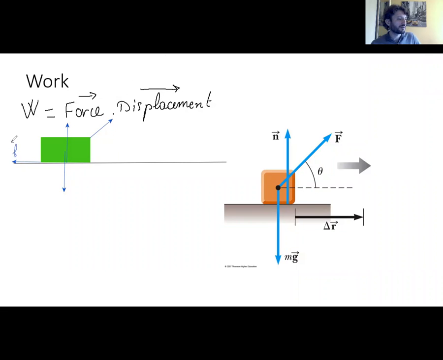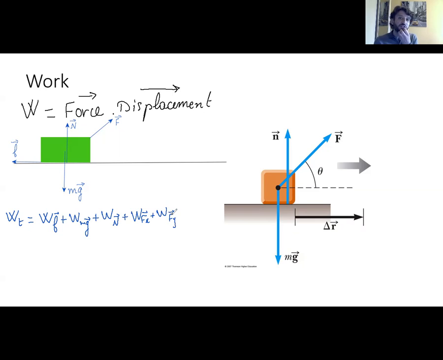So here we have small f, mg, n, and F. To calculate the total work applied on the object, it equals the work exerted by small f, by mg, by n, and by F. Here I advise you to write F in terms of its components, Fx and Fy.